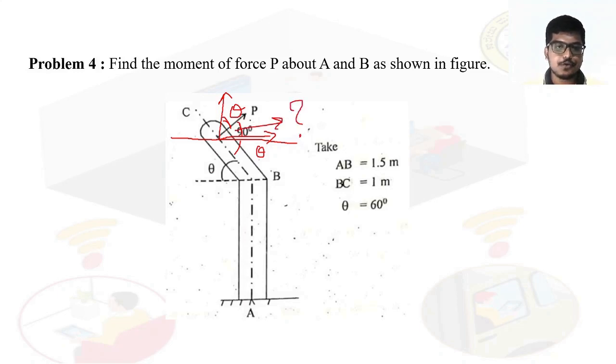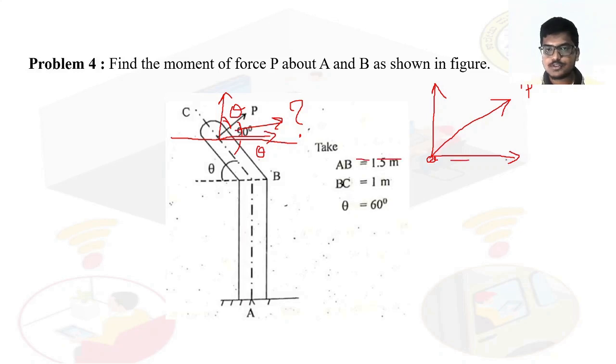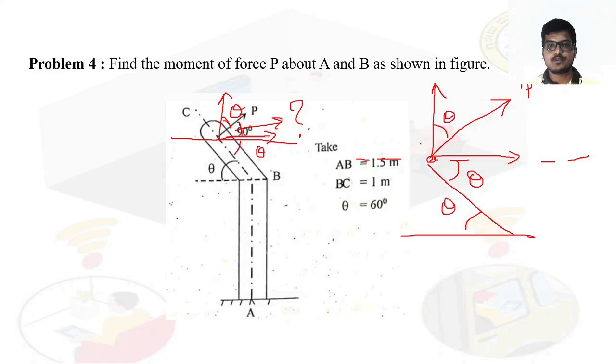By the property of geometry, see here, this is P. This is the scenario here. We know the value of theta, this one, because of the alternate property. If this is theta, this is also theta by the property of geometry.